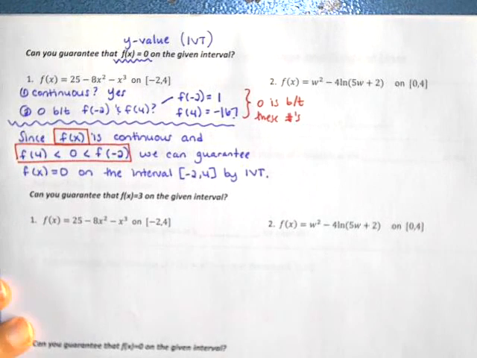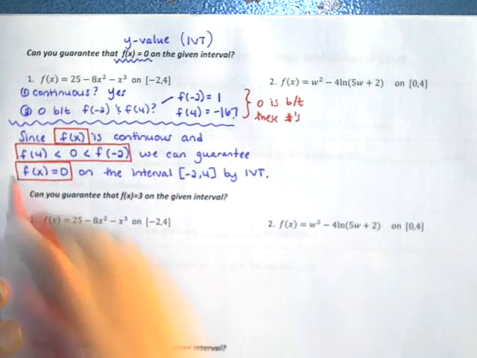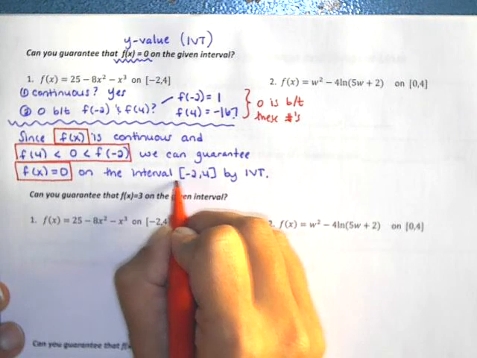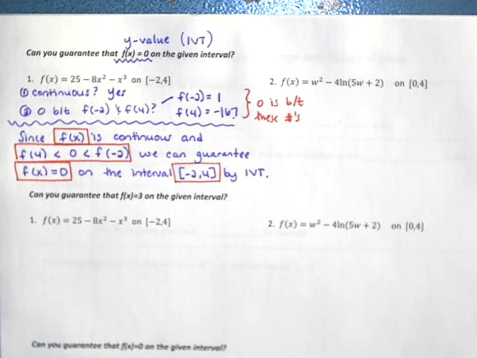We can guarantee that f of x equals that number, that's the part that you fill in, on the interval, and you're going to fill in that interval, by the IVT. So other than those 4 boxes, everything that you write will be the same every time.